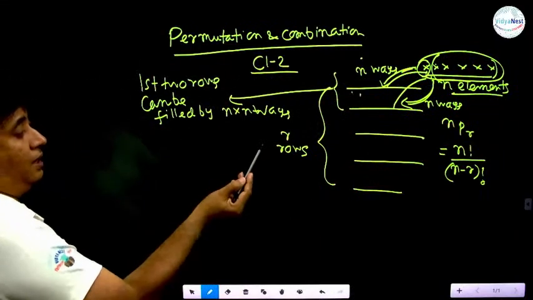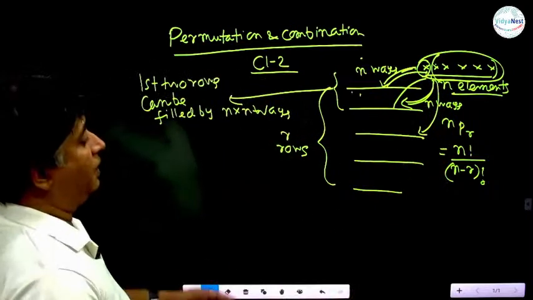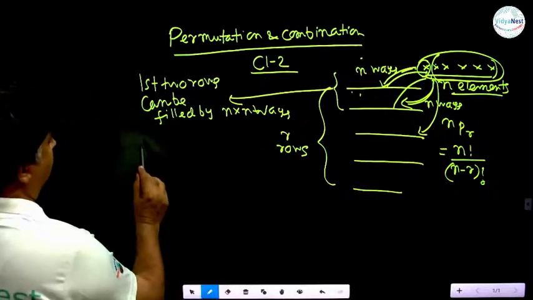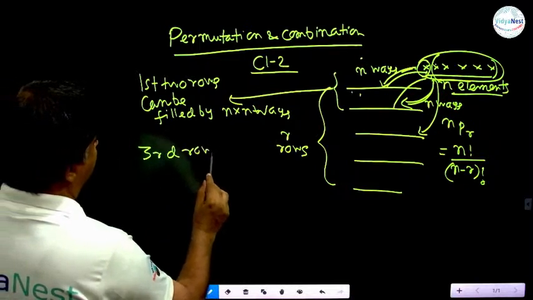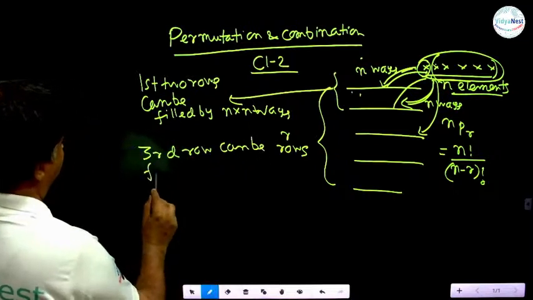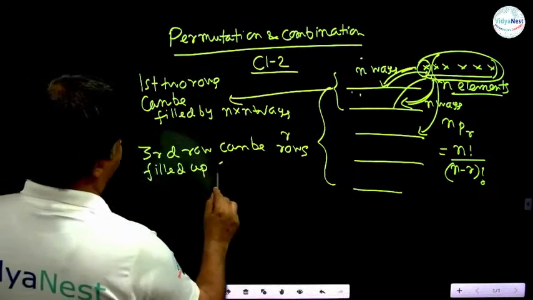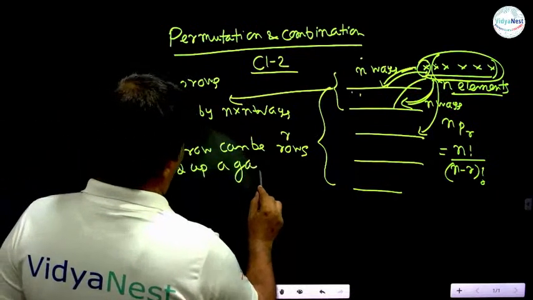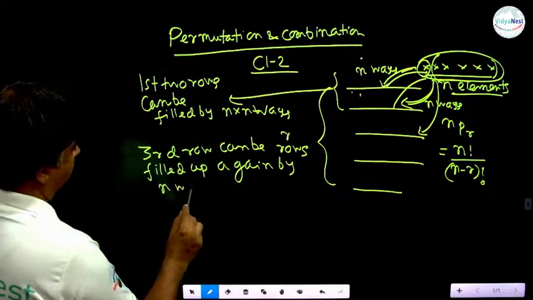So still n elements are there, and the third row can again be filled up in n ways.